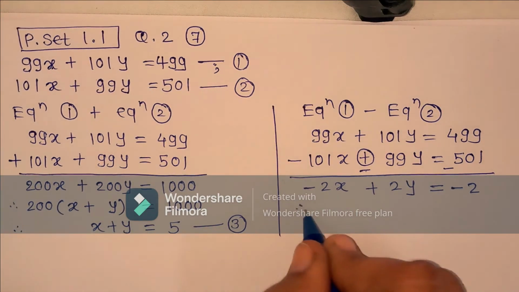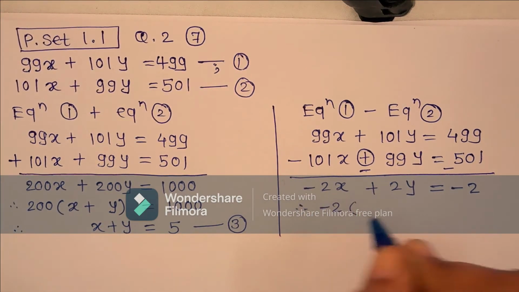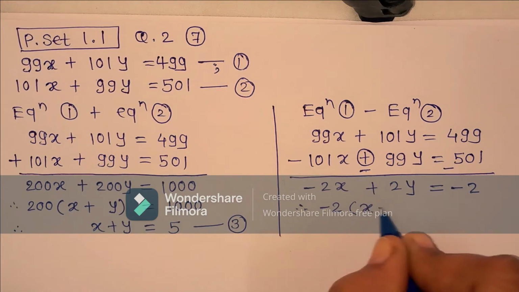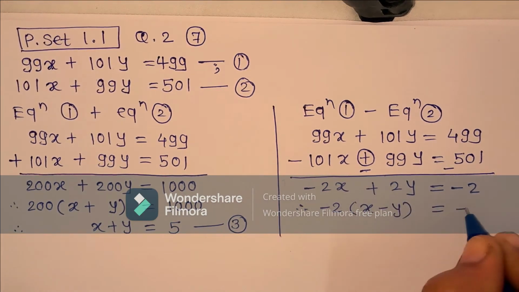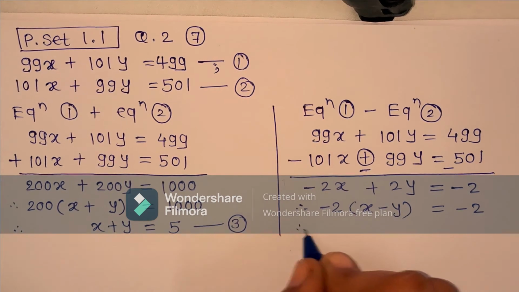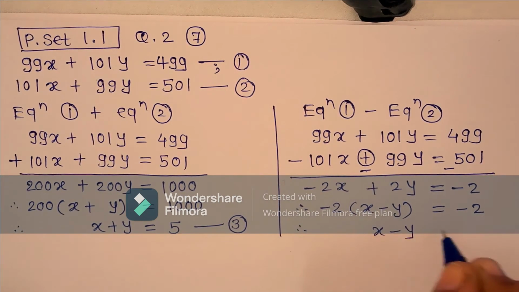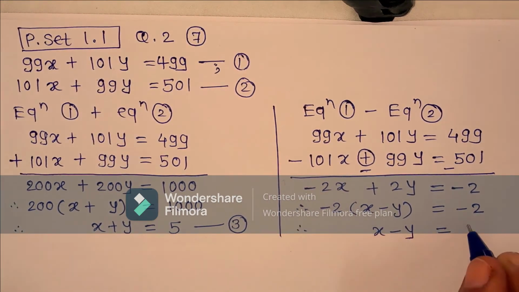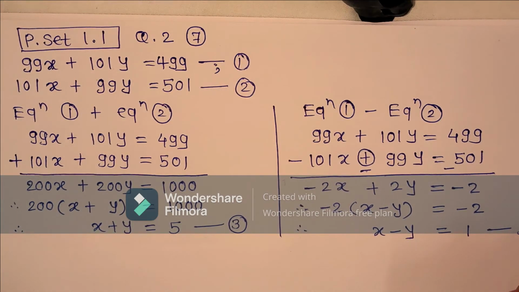So after simplification, you can take minus 2 common, and in bracket x minus y is equal to minus 2. If we divide minus 2 by this minus 2, you will get 1, and you will get another equation, number 4.